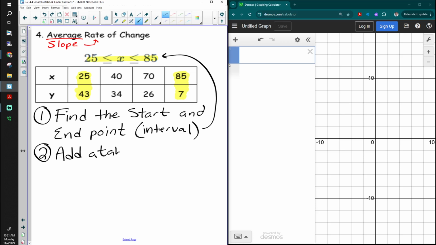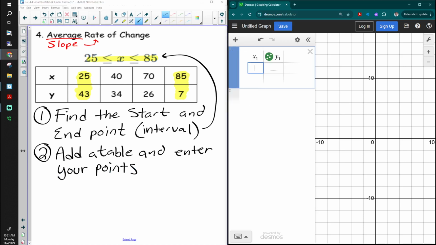Add a table, and enter your points. Here we go. Add table. My points are 25, 43, 85, 7. I have to choose those 2 points. I don't want to put any of the other points in.